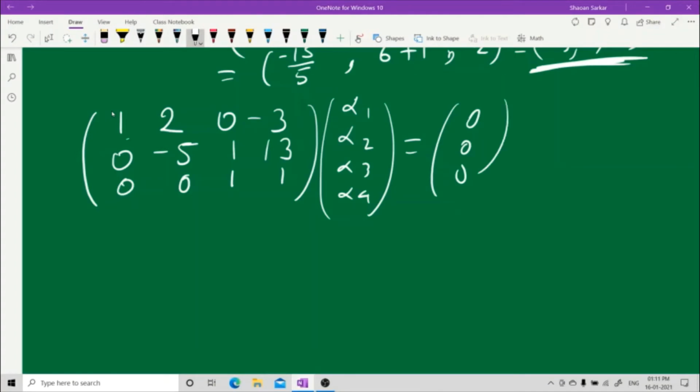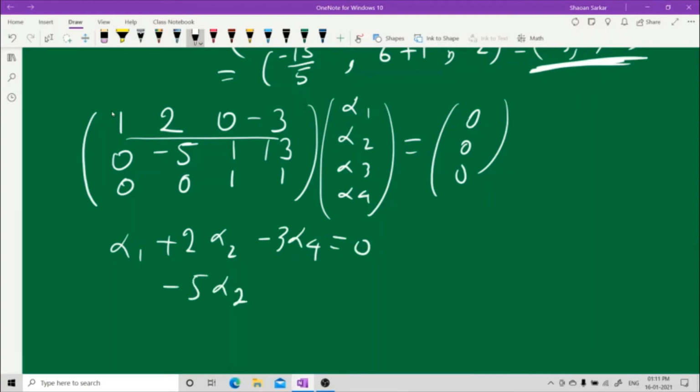You write it this way: alpha 1 plus 2 alpha 2 minus 3 alpha 4 equal to 0, minus 5 alpha 2 plus alpha 3 plus 13 alpha 4 equal to 0, and then alpha 3 plus alpha 4 is 0.